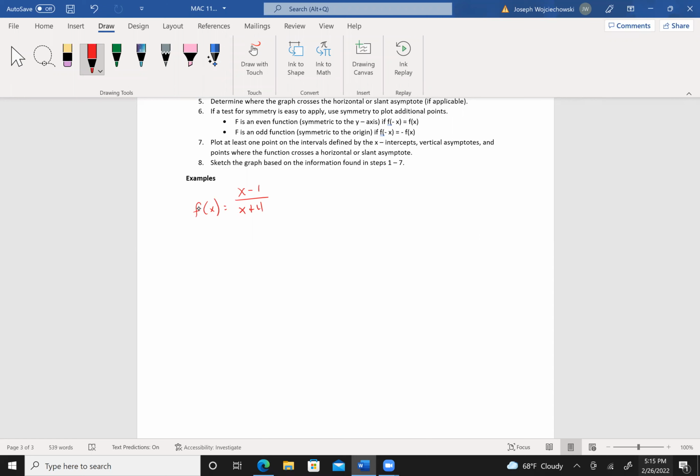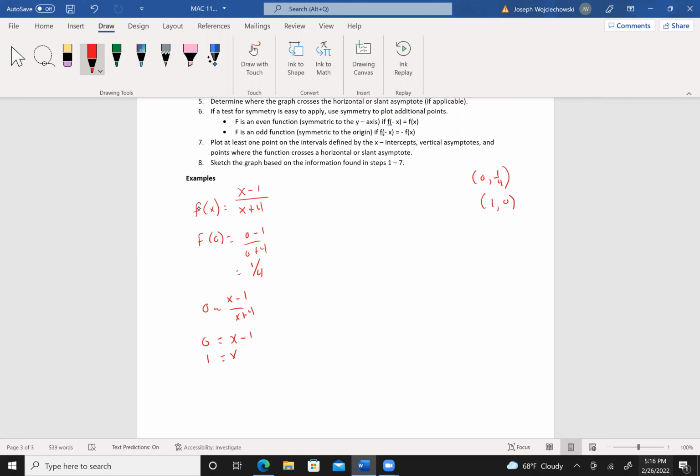So f of 0 is 0 minus 1 over 0 plus 4, which is -1/4. So I have the point (0, -1/4). And 0 equals (x minus 1) over (x plus 4) when x minus 1 equals 0, when x equals 1. So I have (1, 0) as a point.